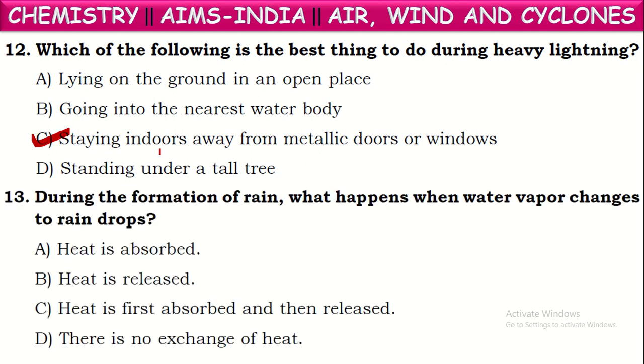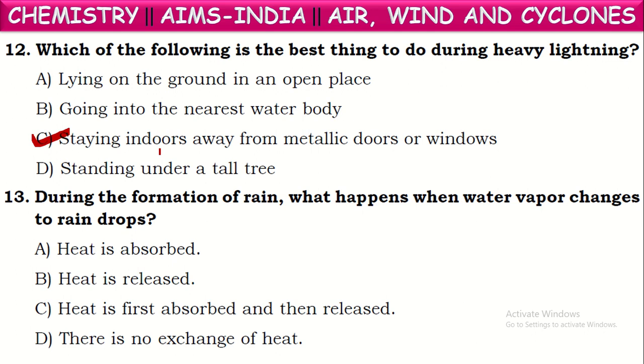Okay, next one. During the formation of rain, what happens when water vapor changes to raindrops? Energy will be released in the form of heat. That is, while condensing into drops of rain, water vapor releases energy into the surrounding atmospheric air.